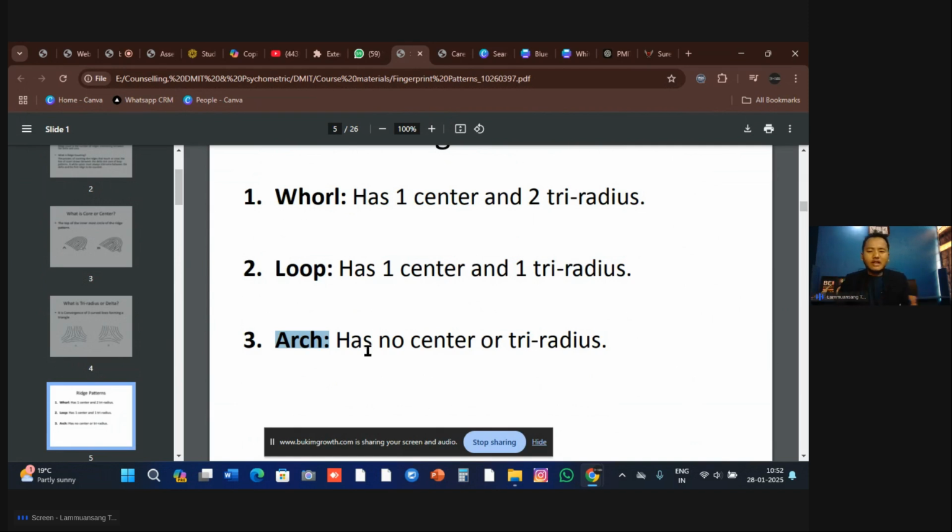For the time being, just understand that a whorl represents dominant, a double whorl represents compliant, loops represent steady, and arc represents the influential personality type. Understandable? I hope you understand.